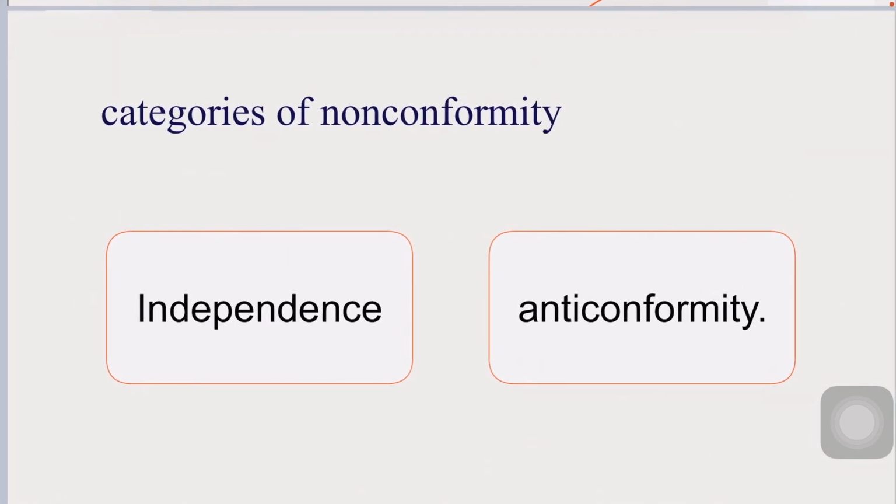If we talk about different categories of non-conformity, we can prominently distinguish 2 of the most important: independence and anti-conformity. Independence occurs when a person holds his opinion regardless of the groupthink. The individual initially disagrees with a group and exhibits neither compliance nor acceptance after being exposed to group pressure.